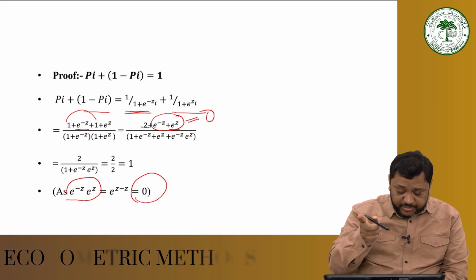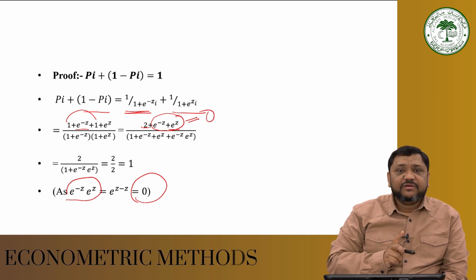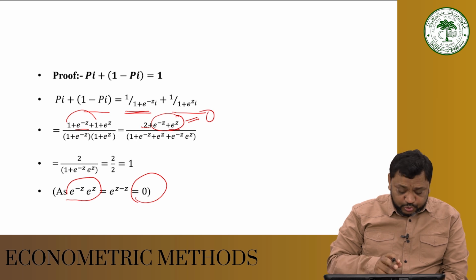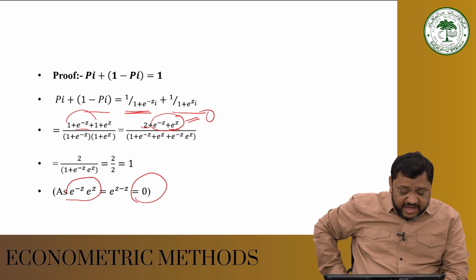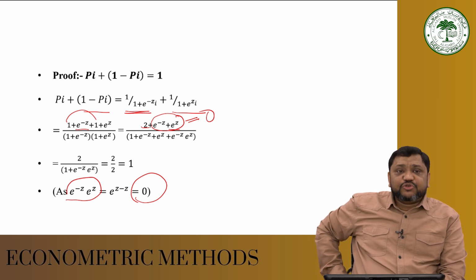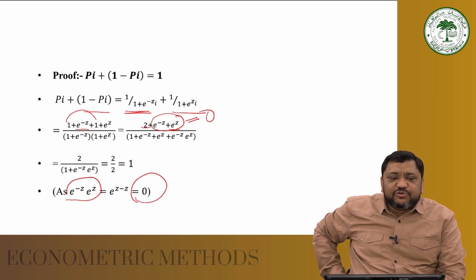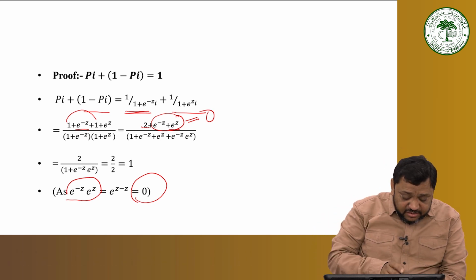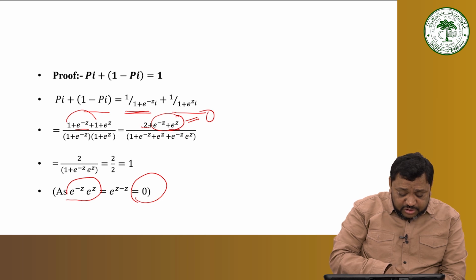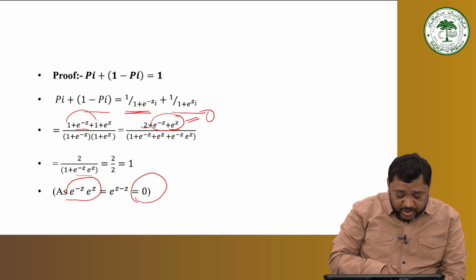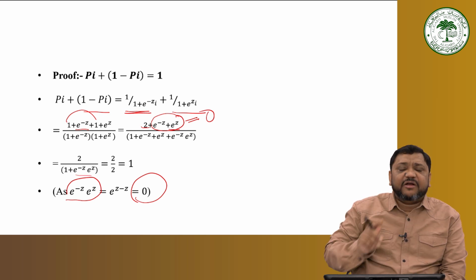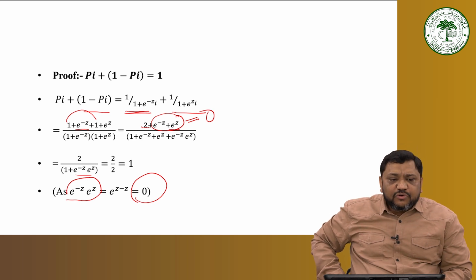In the numerator we are left with only 2, and in the denominator we have 1 plus e raised to the power minus z multiplied by e raised to the power z. So this also becomes 1. So this is equal to 2 divided by 2, that is equal to 1.